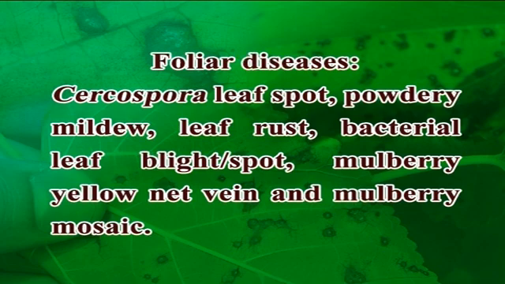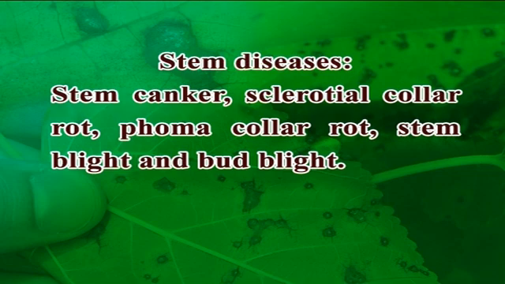Feeding such leaves to silkworms has been found to adversely affect the growth and development of larvae, resulting in poor yield of cocoons. The common diseases observed on mulberry are: number 1, foliar diseases: Cercospora leaf spot, powdery mildew, leaf rust, bacterial leaf blight or spot, mulberry yellow net vein and mulberry mosaic.